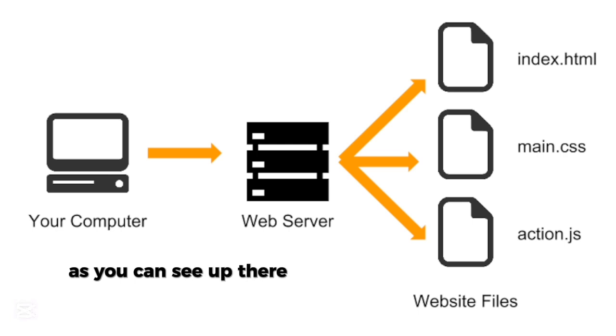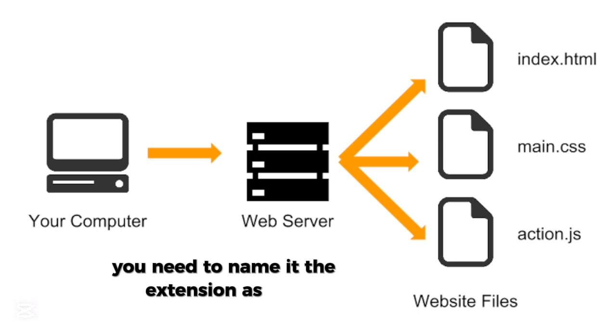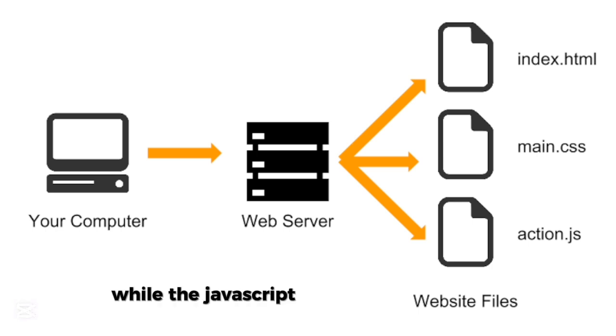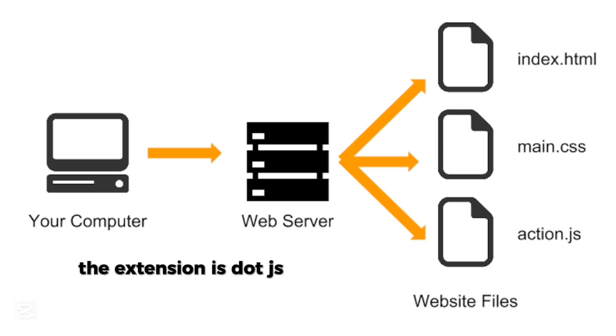Then to store the CSS, you name it with the extension .css, while for JavaScript, the extension is .js. So the combination of these three files makes you build a very good and nice website.